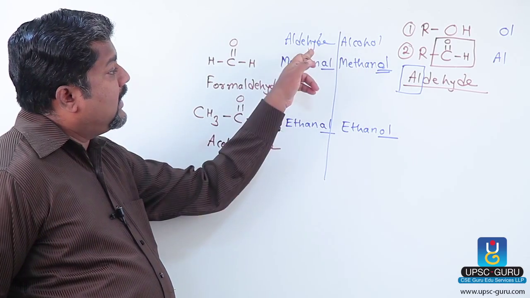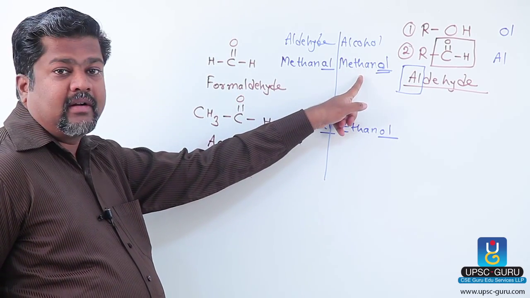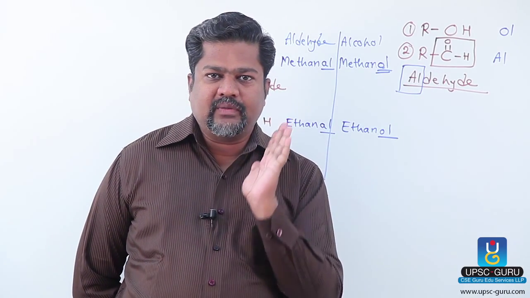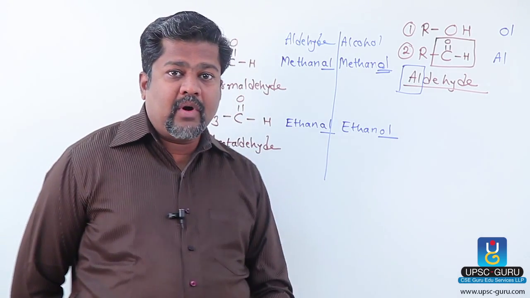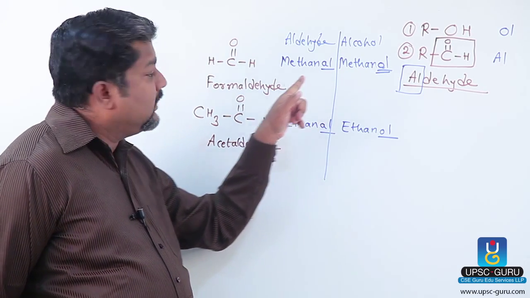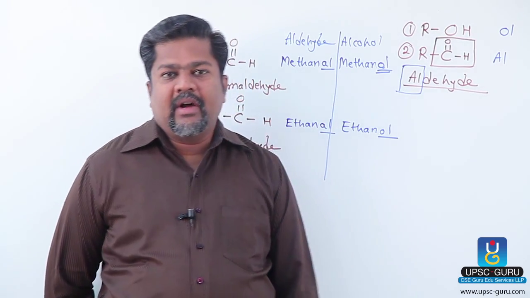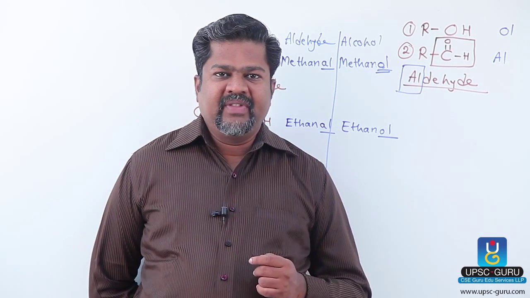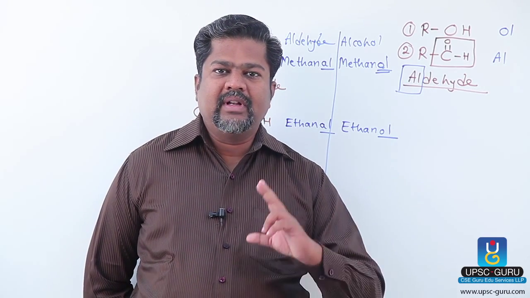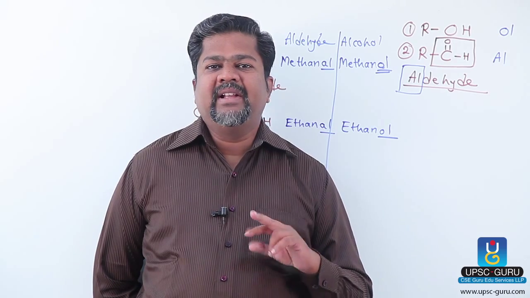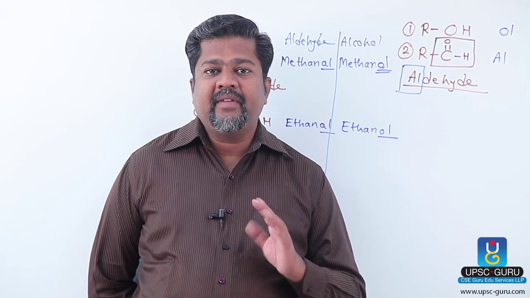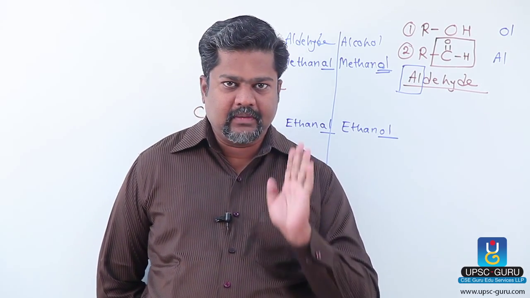Here this is alcohol and this is aldehyde. So when methanol is consumed, methanol by itself is not at all poisonous for the body. But in our body, methanol is converted into methanal, that is an aldehyde. This is formaldehyde. You are aware that in our biology laboratory, various animals are preserved in a liquid. We call that liquid formalin. That formalin contains formaldehyde. Formaldehyde is very highly poisonous in nature.